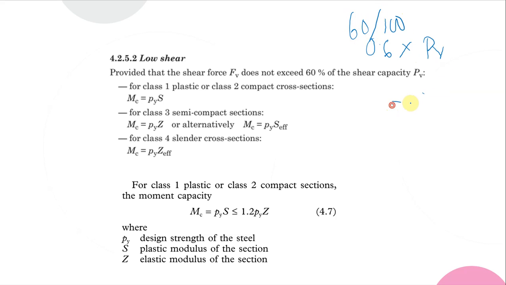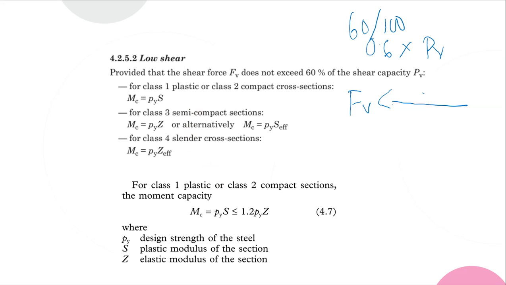So you will get some value here, and then you can compare with the shear force, whether it is bigger or smaller. If it is less, it means it is low shear, meaning the shear force produced by the load can be resisted by the PV, the shear capacity of the beam.